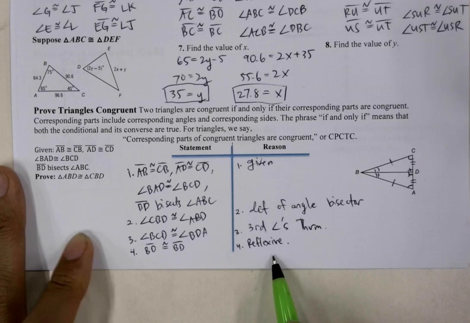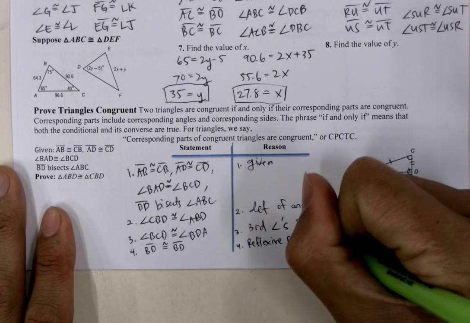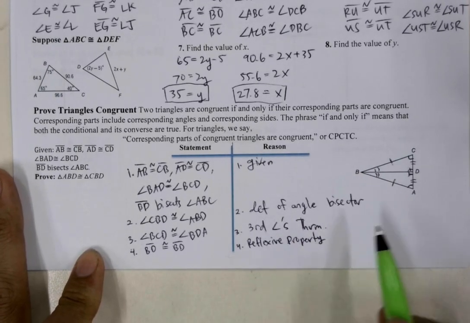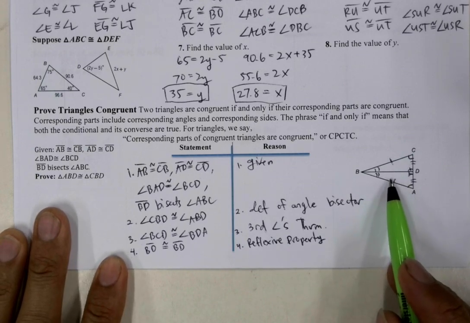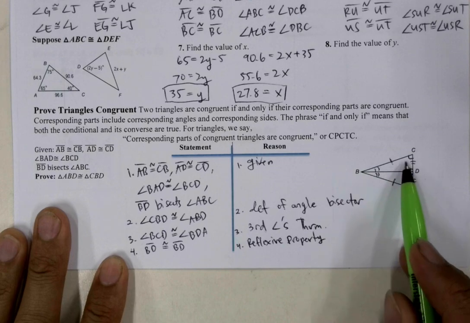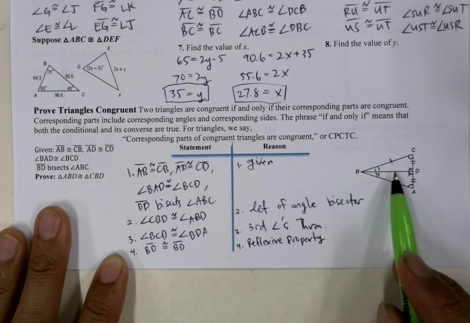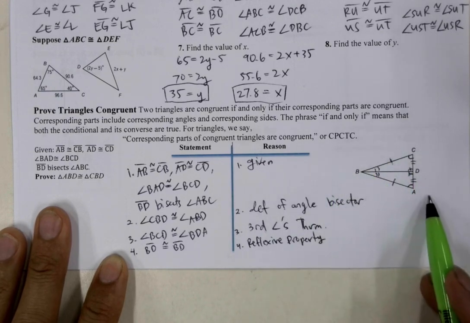Remember that reflexive property that I told you about? That we didn't need when we were doing algebraic proofs? Well, now we need it. And you can see why. It's because we need to prove all the parts of this triangle are congruent with all the parts of that triangle. And to do that, you have to say that this side is congruent with itself. So now we have all the sides and we have all the angles congruent.